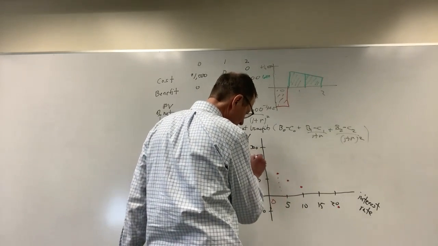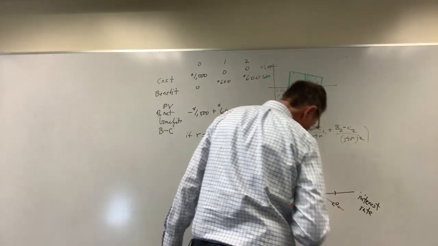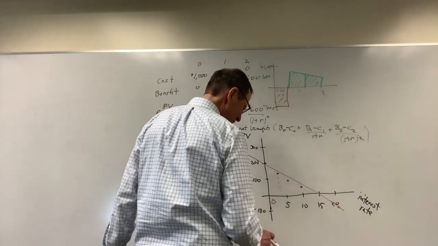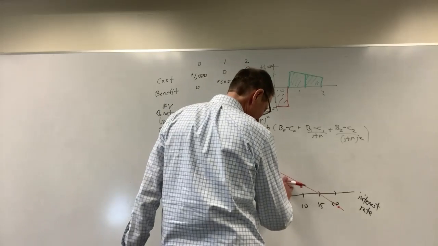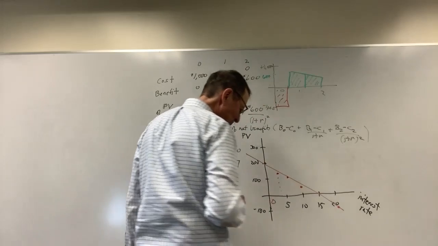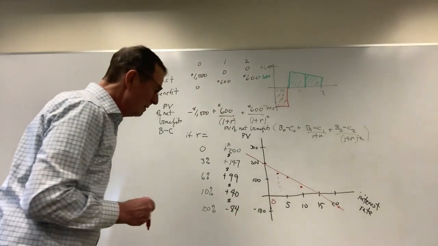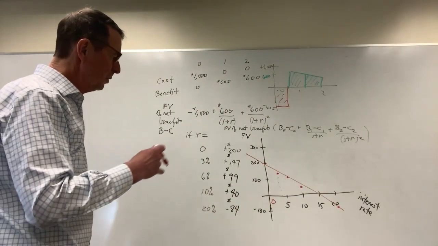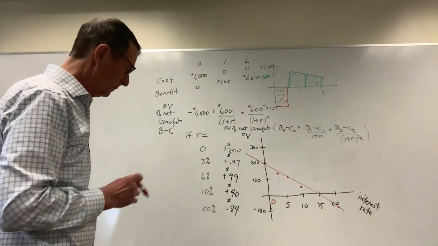Okay, and this will be on a line. All right, so I didn't quite get my graph right, but pretend they all fall in a line. And this is showing you the present value as a function of the interest rate.